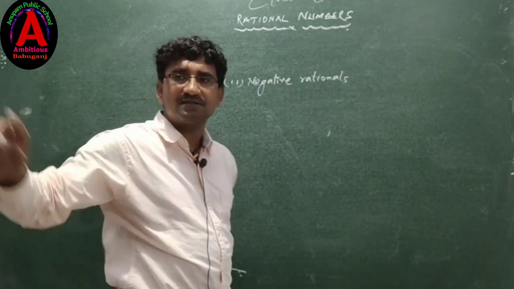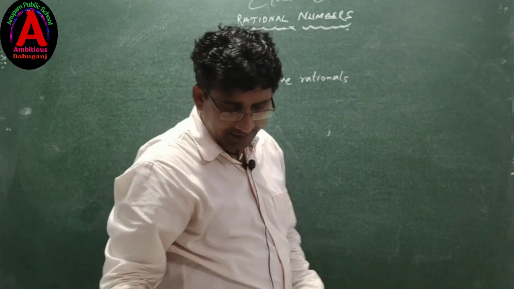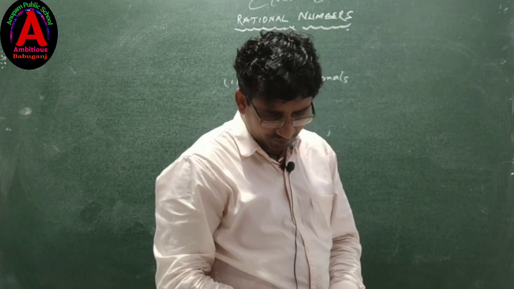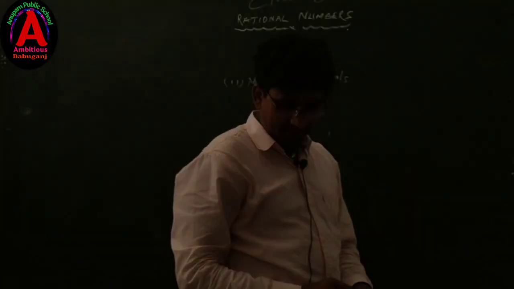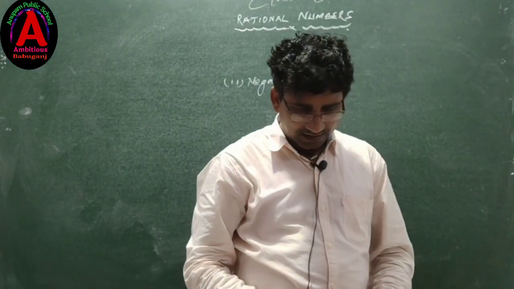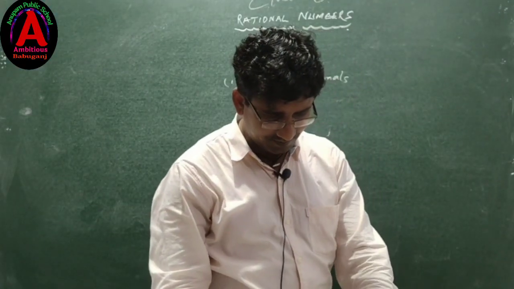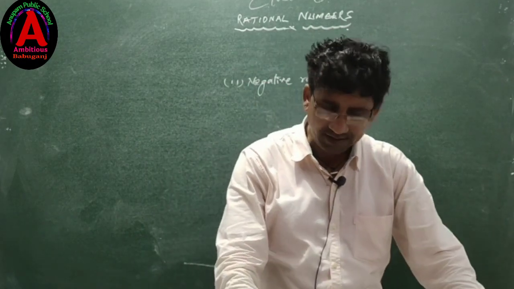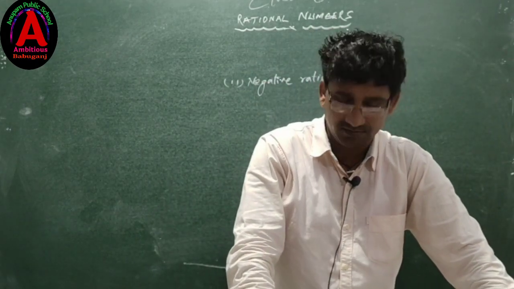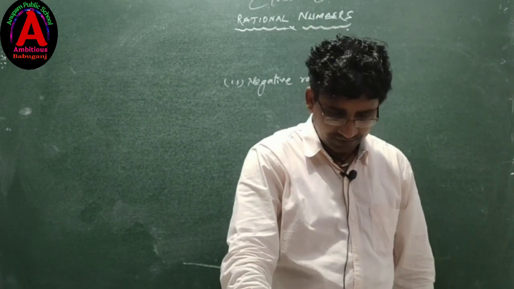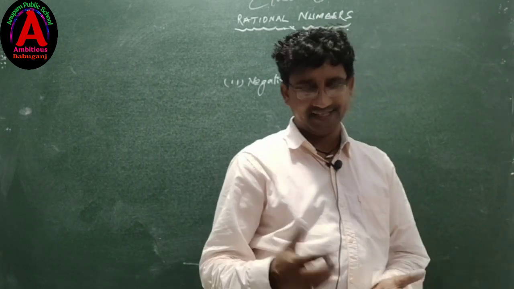A rational number is said to be negative if its numerator and denominator are of opposite signs.